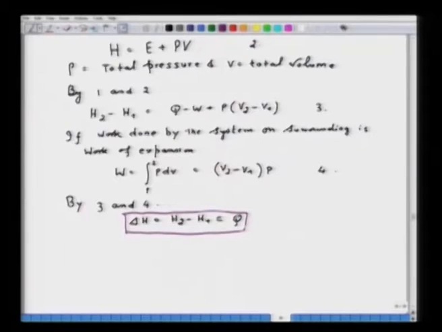Now, this particular equation is valid when the change from state 1 to state 2 occurs by a path of constant pressure, in which only expansion work is done on the surrounding. That means this is valid for an isobaric process, that is, taking place at constant pressure.